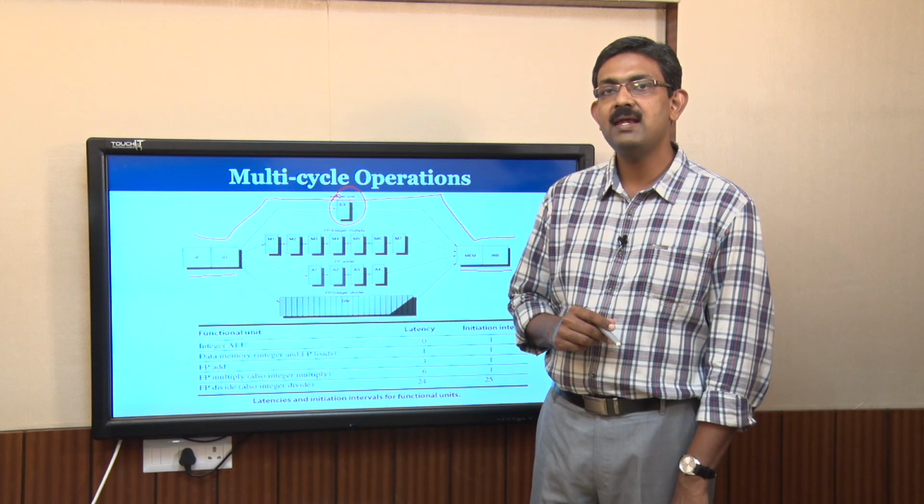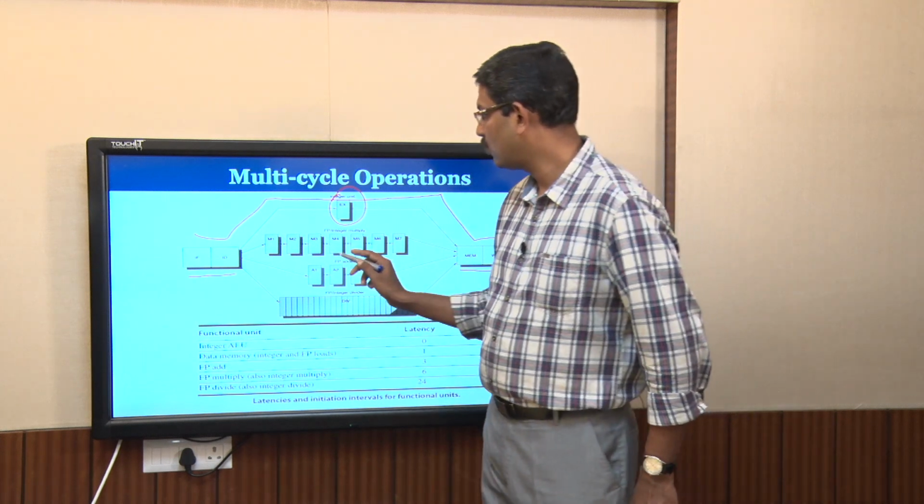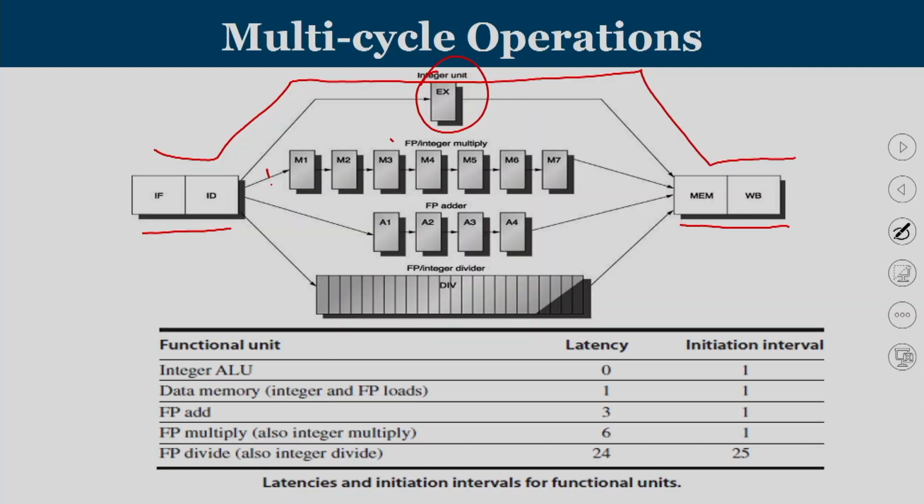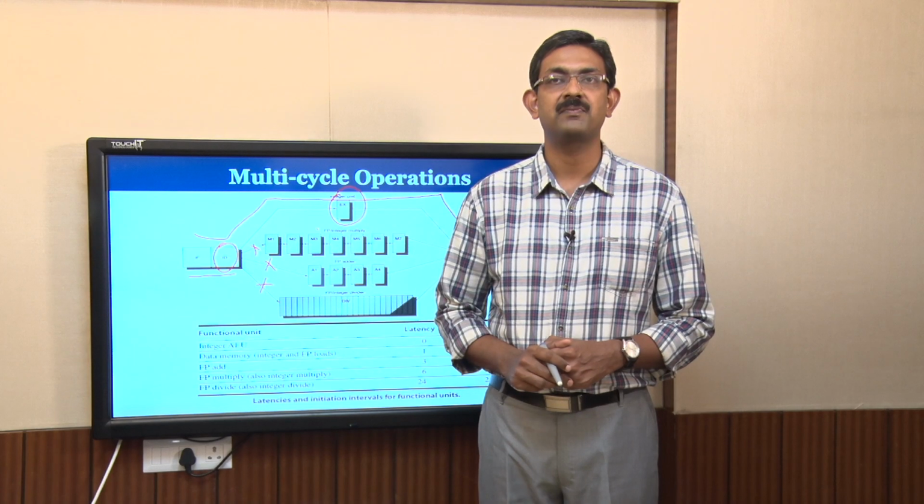So, we have 3 more additional pipelines, one for integer multiplication, one for integer or floating point addition and subtraction, and the last one for division operation. Once you fetch the instruction, while you are performing the instruction decode operation, you will come to know whether the operation is on an integer operand, or a multiplication or division operation, or an addition or subtraction on floating point numbers.